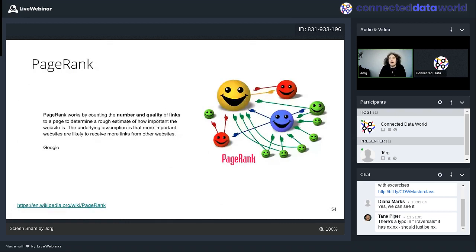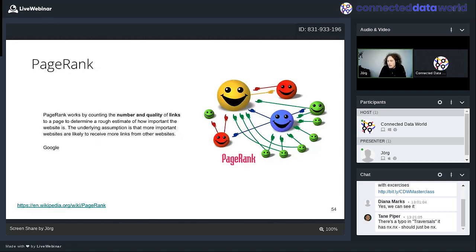For me, PageRank is the example where Google interpreted a particular problem as a graph problem, and that made Google very successful in the beginning. By now they're not using PageRank anymore, but in the beginning it was used to rank the results: which website should they show you first if you're looking for graphs on the internet, or for the connected data world? Which results should they show first?